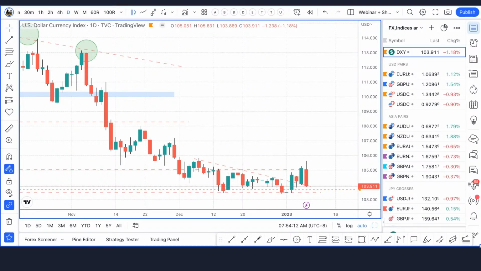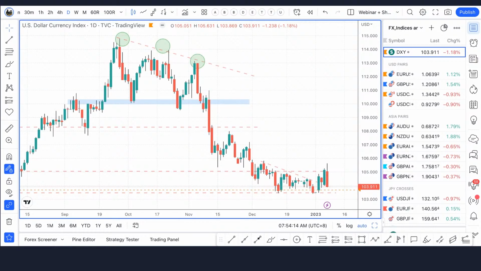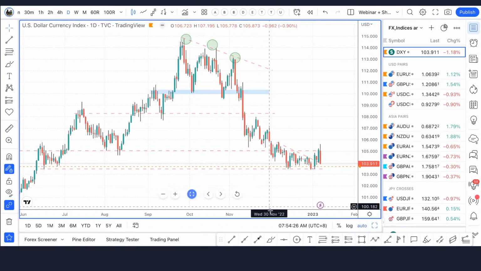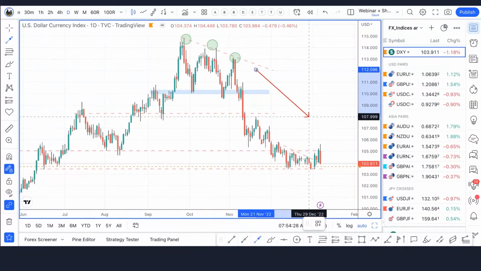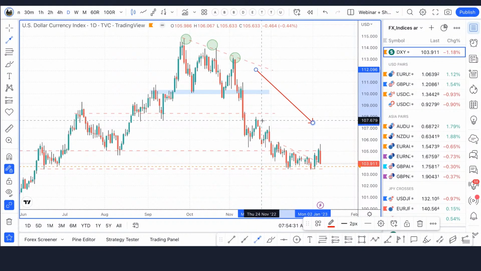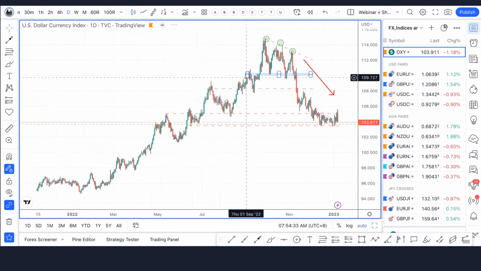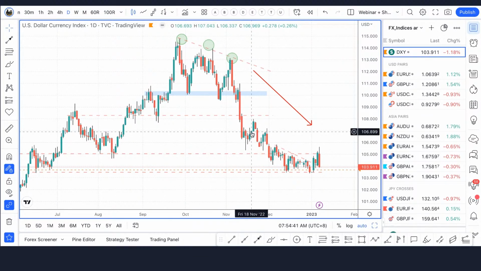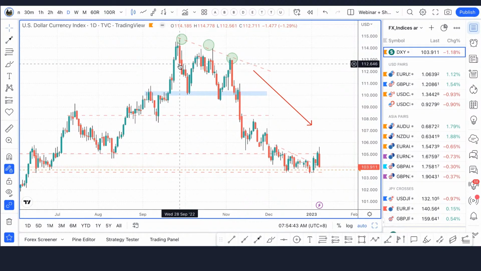Yeah. So looking at the US dollar, like I mentioned the other time, it has been pretty weak. As you can see, the trend is down. On the downside, you have lower highs, every characteristic of a downtrend on the daily time frame since the start of October of last year, right?